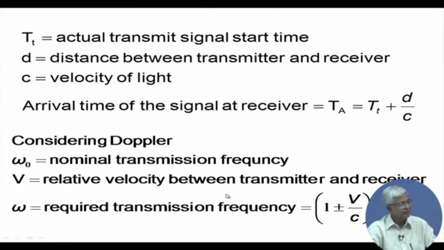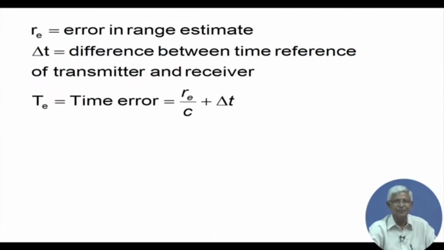Now the time source or the frequency source, whatever it is, in fact the time source is derived from the frequency source, will have certain error, or your measurement might have some error. Therefore this pre-correction has to be corrected for the error also.